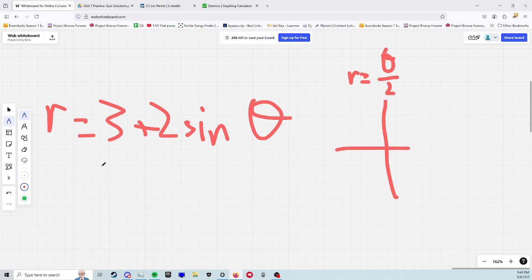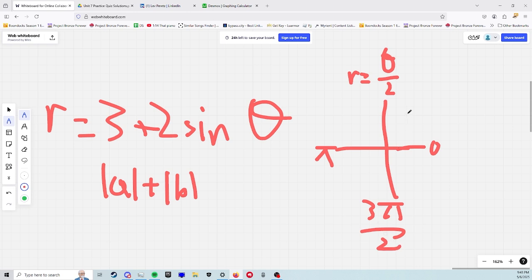So the maximum value is the absolute value of a plus the absolute value of b, and we know this is positive, so it's going to go upwards. 0, this is pi, 3 pi over 2, and this is pi over 2.